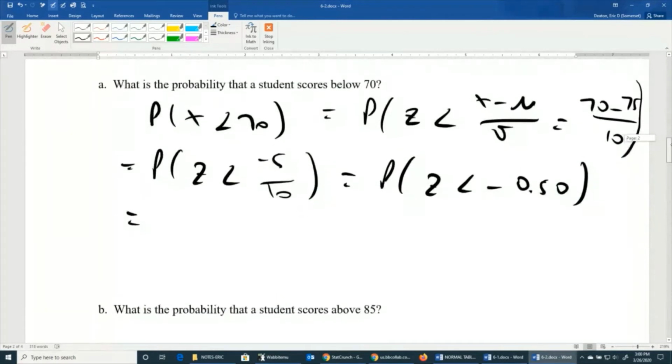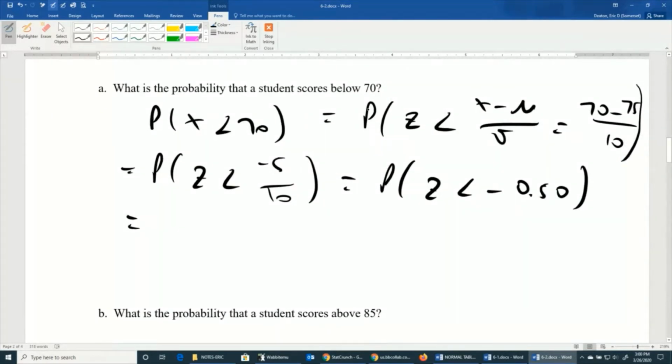So everything is actually the same. It's just that we have to convert the given data value to z. So we've already done the z less than negative 0.5. This P is just probability notation. That's all it is.